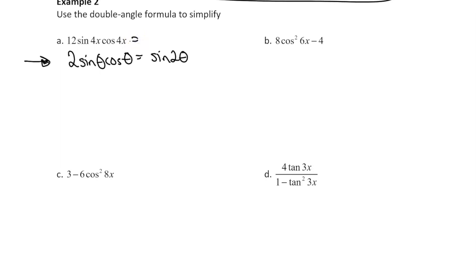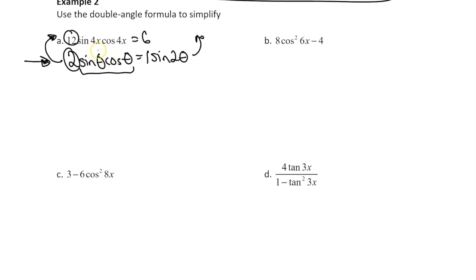I would say that they differ in two ways. The first thing is this. We have a 2 here, we have a 12 here. In other words, the top part here is 6 times more than what we had on the bottom. And so because of that, if you're comparing the top and the bottom, we would have to put a 6 up here to say you have 6 times more than what we had for the right side of sine 2 theta. The next thing that I would say is this.